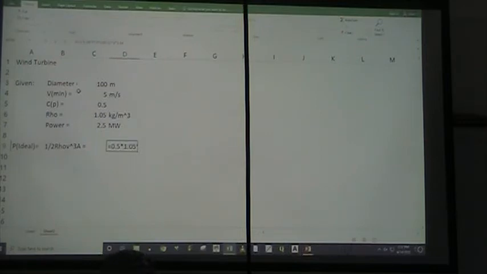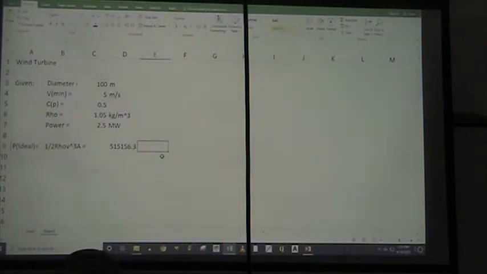All right. There you go. In your book, they say this is 5.15 times 10 to the 5th Newton meters per second.